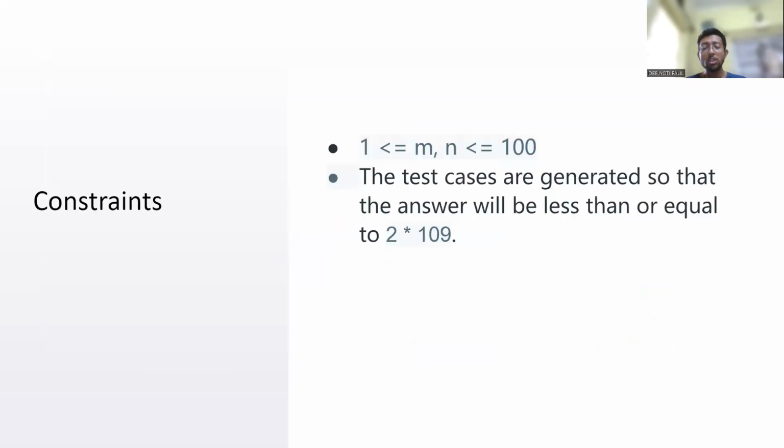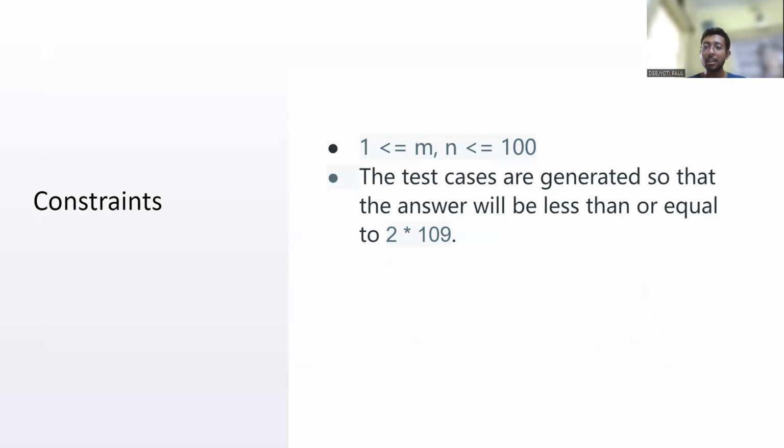Now, what are the constraints of this problem? The m and n, the integers that give the size of the maze or the grid, vary from 1 to 100.